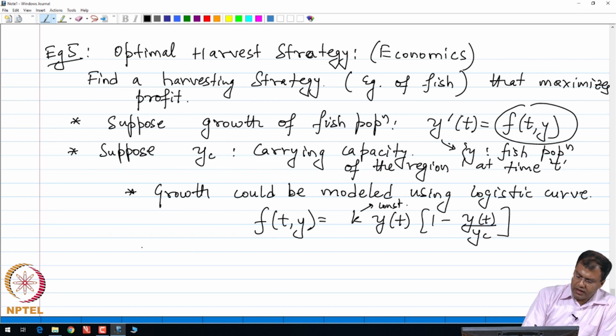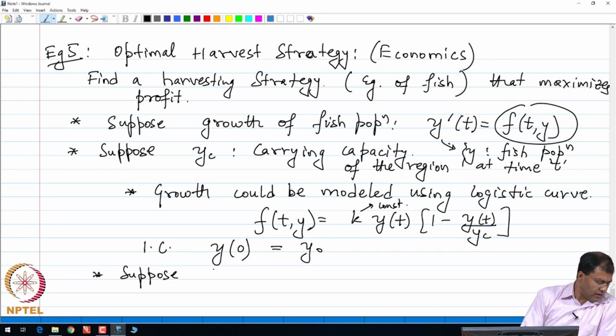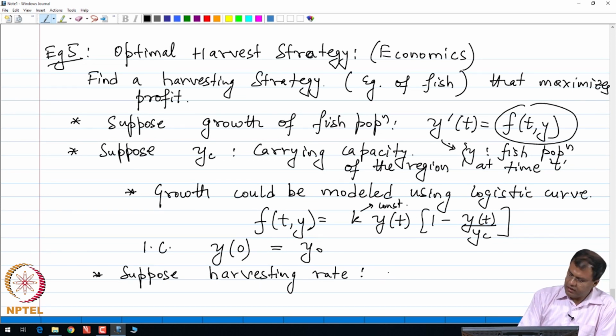Okay. Further, we assume that there is an initial condition, that is the initial population of the fish at t equal to 0 is y 0, and let us further assume that the harvesting rate, the rate at which the fish population is taken out of the pond is denoted by this function w of t, right.